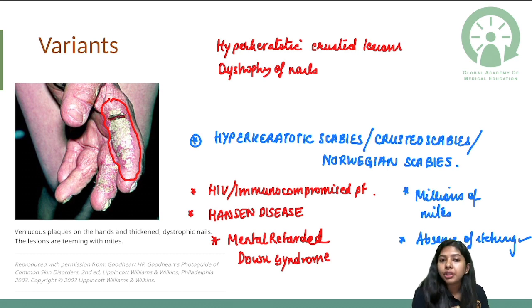Again, patients of mental retardation, there is impaired perception of itch, right? So impaired transmission or impaired perception, all of this is going to lead to absence of itching, and eventually the patient is going to have millions of mites, and the patients will have hyperkeratotic crusted lesions and nail dystrophy. So this is the most severe variant of scabies.